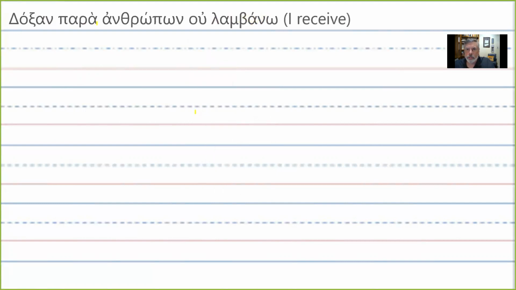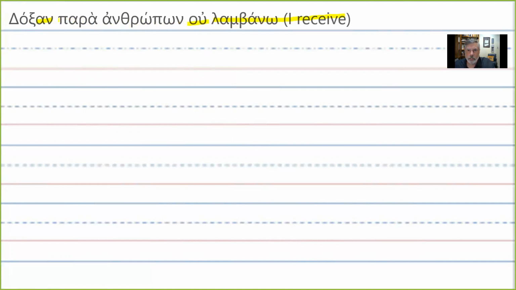Okay, doxan para anthropon u labano, and here's the verb given to us. I receive. I is built into this, so this is a first person singular. I received. U means not, so I did not receive. Now let's find the subject, and doxan is in the accusative.